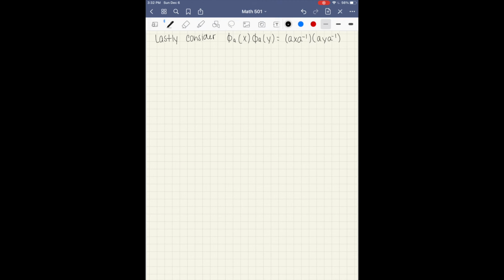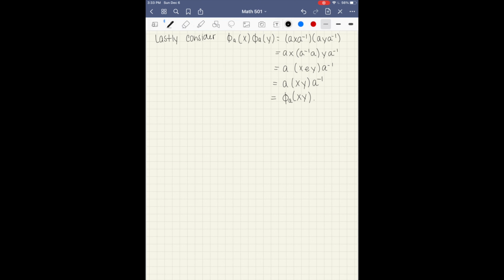Regrouping this, we have A x, group A inverse A, y A inverse. The middle becomes just the identity, so now we have x, e, y, and then we'll have the A inverse. The identity just goes away, so then we're left with A x y A inverse, which would equal phi A of x y.